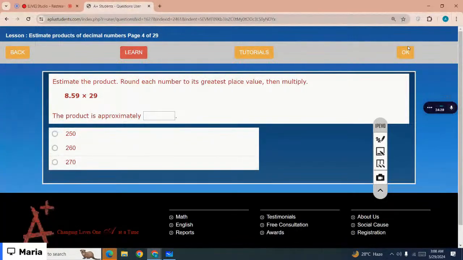Okay, now you can do the next one. 8.59 times 29, so which is the correct option? 8.59 is rounded off to 9 and 29 is rounded off to 30. So the correct option is 270.